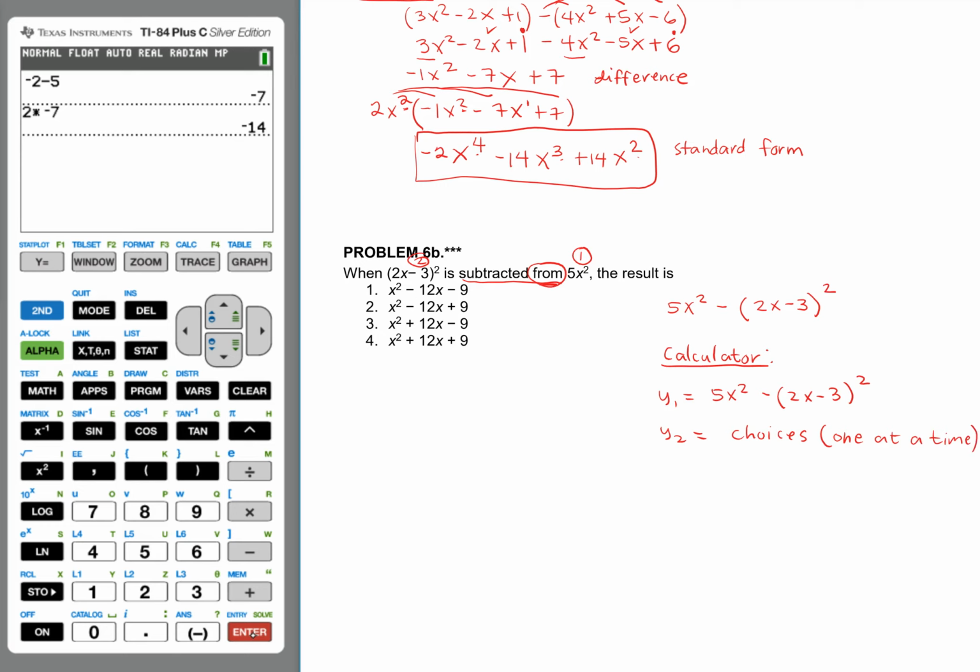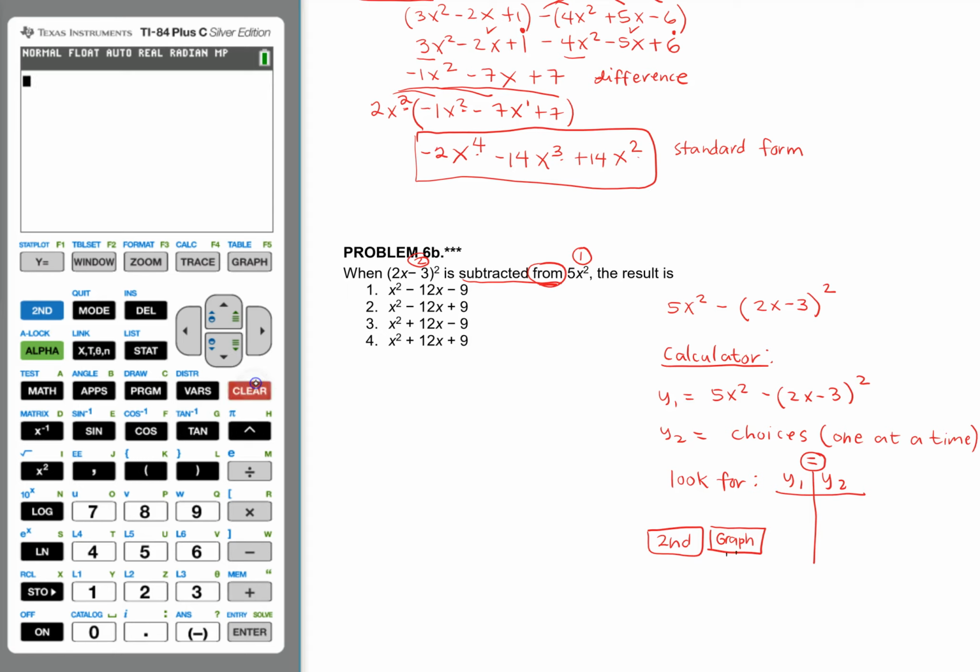And what are we looking for in the calculator? We look at the table of values, where y1 and y2 should be equal to each other. To look at the table, we just press second graph. Okay, that's all we need when you use a calculator.